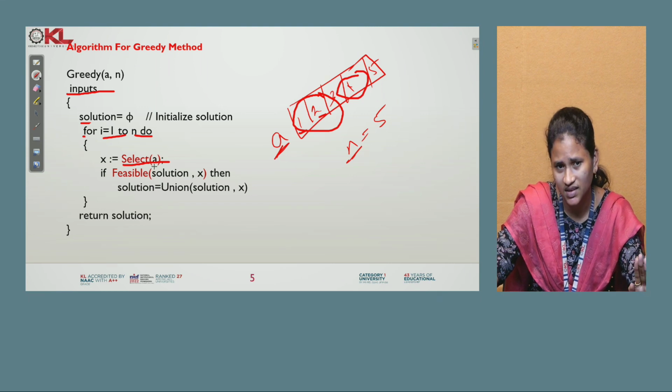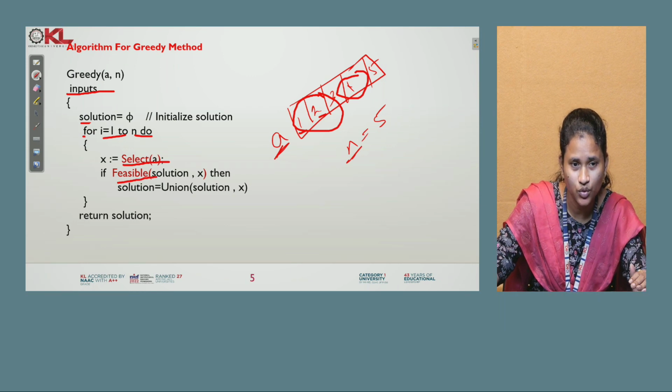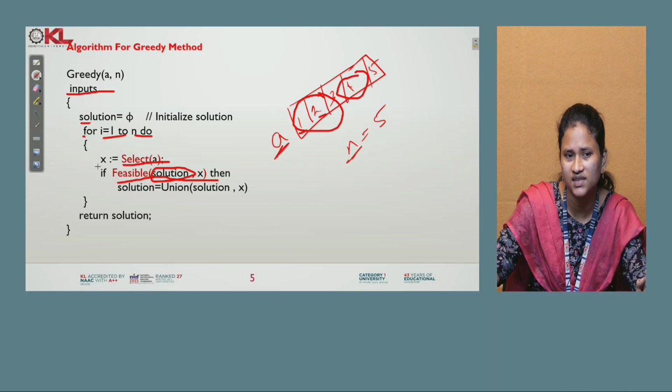After selecting the data, what is the solution you have got? If that solution is feasible, we have to add it into the solution set. Initially the solution set is null. Now the feasible solution you have identified from the input data you have taken as x, that x will come to the solution set.